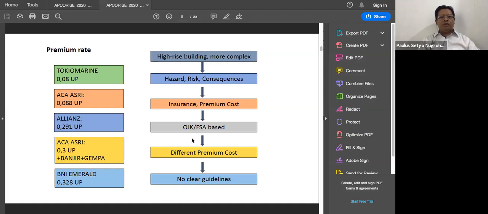However, premium rates between insurance companies vary highly, up to 4 times compared to other insurance institutions. Ideally, the insurance premium rate should be balanced and proportional between the risk and the potential benefit. To do this, an assessment of building reliability and fire safety should be done.